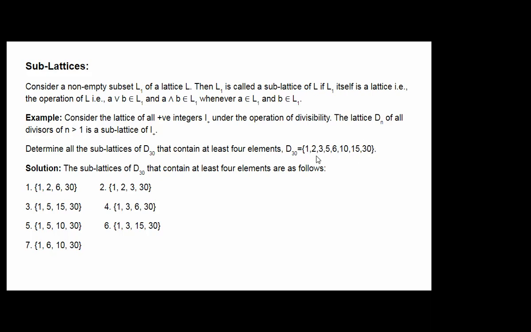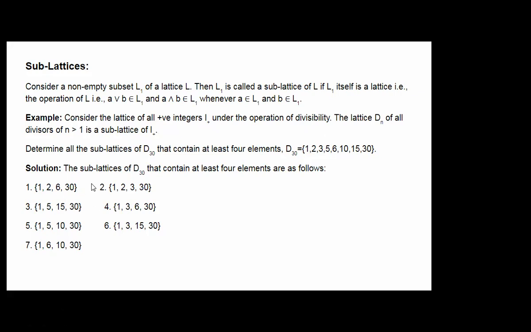So all these form a set which will be a sublattice of the lattice of positive integers. All these elements belong there in I plus, which is the set of all positive integers.